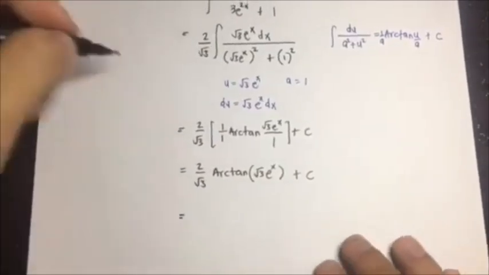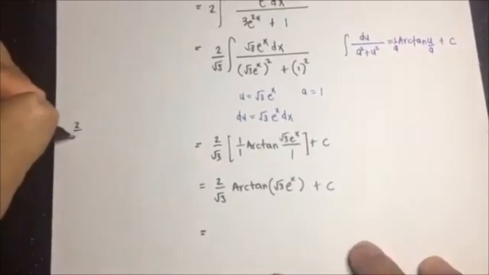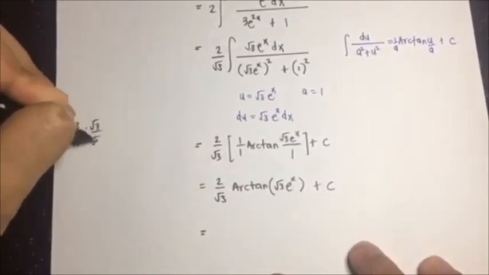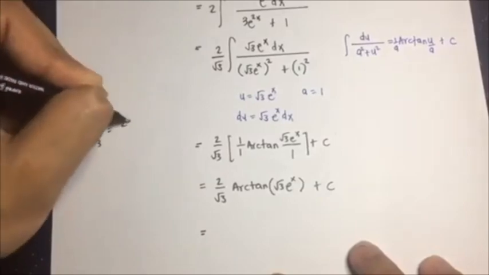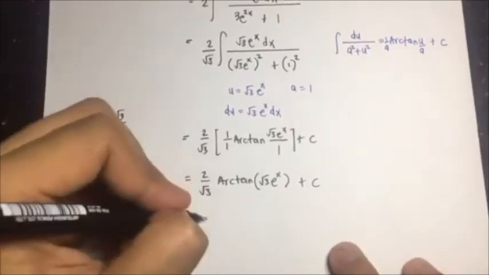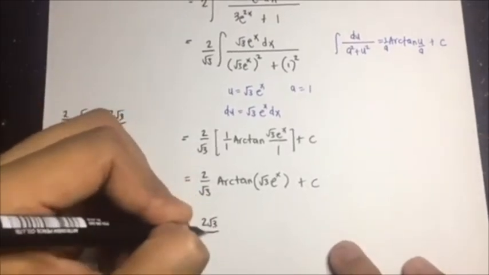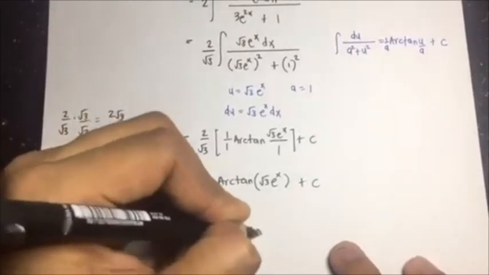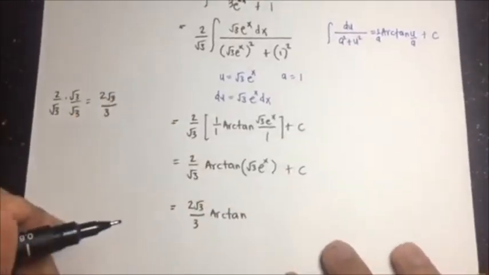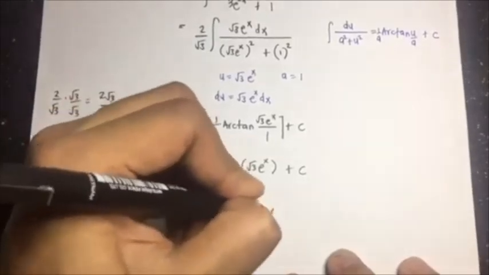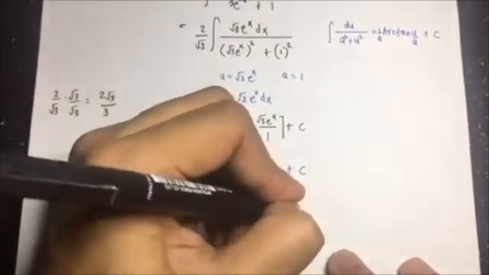So in rationalizing, we have 2 over square root of 3 times square root of 3 over square root of 3, so that will become 2 square root of 3 over 3. So 2 square root of 3 over 3 arctan of square root of 3 e raised to x plus c.